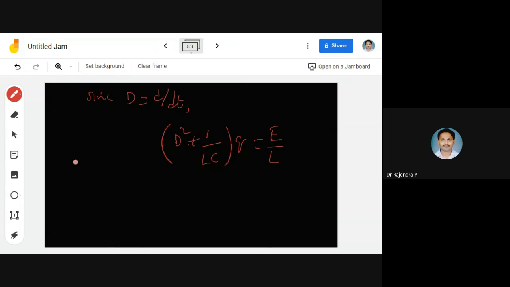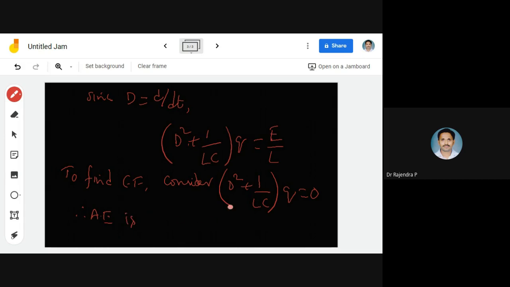So to find the complementary function, we will consider d square plus 1 by LC into q is equal to 0, the homogeneous form. So we have to get the auxiliary equation.